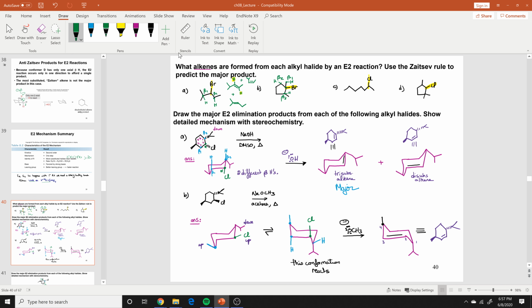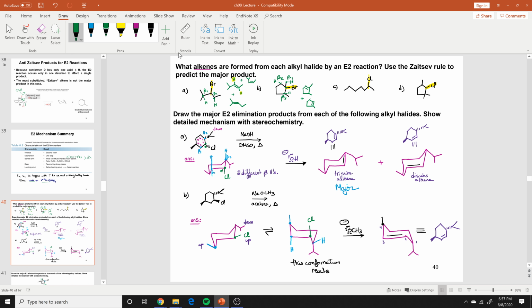If the base comes and takes this hydrogen, then my double bond can be here, here, or here. So I'm going to end up having 3 products. Let's draw them. Double bond here, plus, oh, of course, don't forget your substituent in there.